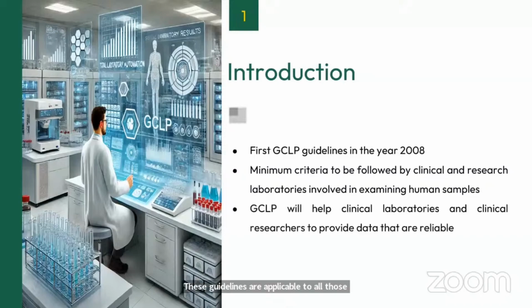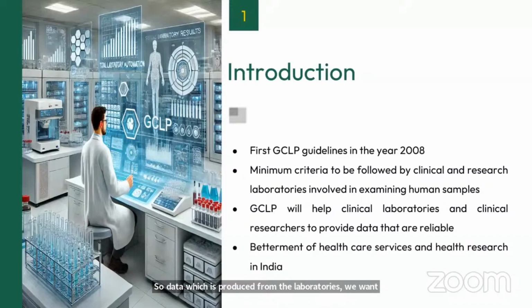These guidelines will help the clinical laboratories as well as the clinical researchers. Wherever data is produced from a number of researches, whether performed in the field or in the clinical setting, we want to make the data reliable. For that purpose, ICMR has introduced these guidelines, which will also help in the betterment of healthcare services and health research in India.